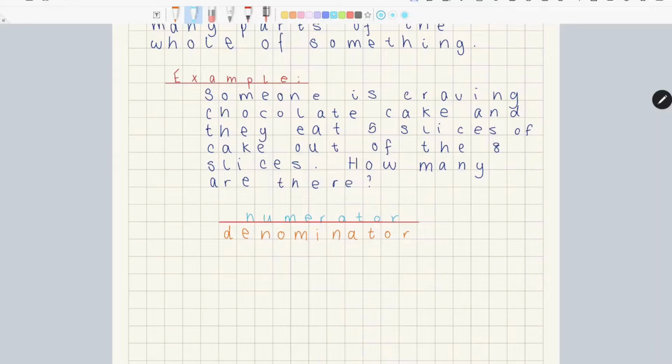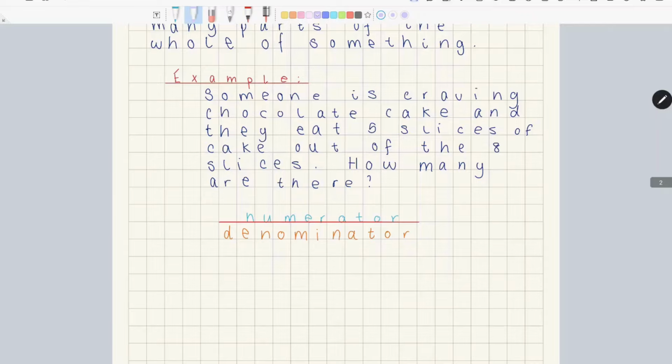Could you figure out this example? Someone is craving a chocolate cake, and they get to eat 5 slices of that cake. Out of these 8 slices, how many pieces are there? So let's try and write the fraction out first. Remember, when you're solving a question like this, always highlight the important parts of the question.